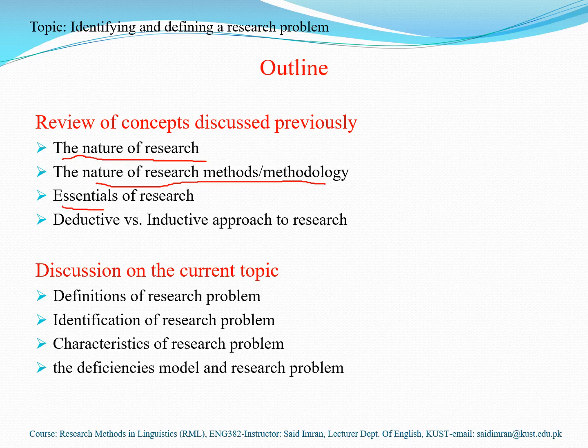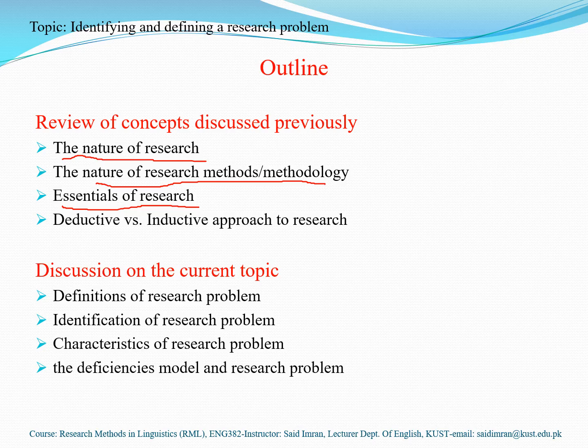And the next topic is the essentials of research. By the essentials of research, we mean the qualities which are really needed, very important, and a must for the conduct of research. So let me remind you that first of all, research should be controlled.